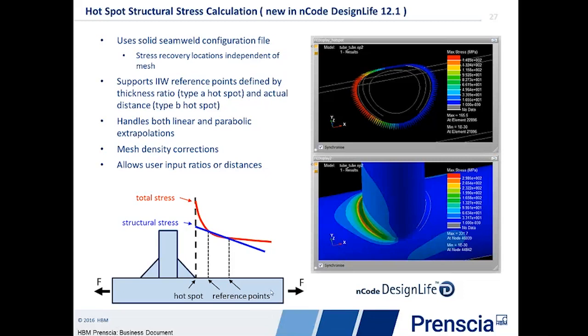So the input to this would be a finite element model you see on the bottom where we have our weld, and you can see the weld toe has a very high stress riser. What we've done is defined, in this case, about 100 locations around the perimeter of the weld to do this hotspot calculation. And DesignLife automatically goes in, generates the hotspot stresses for that, and allows you to use that in an SN calculation to predict the fatigue behavior.